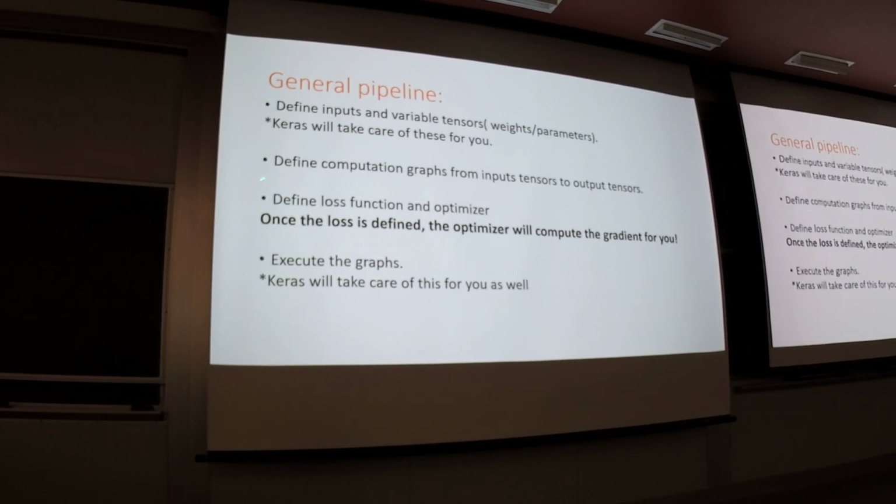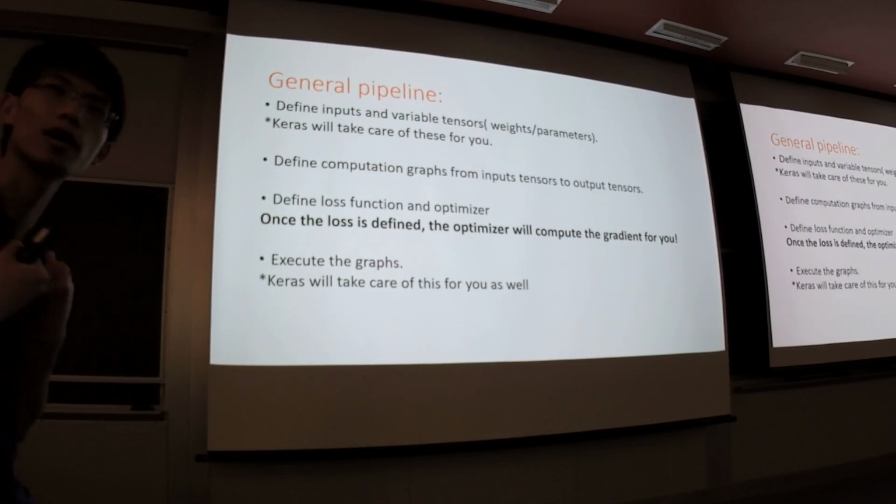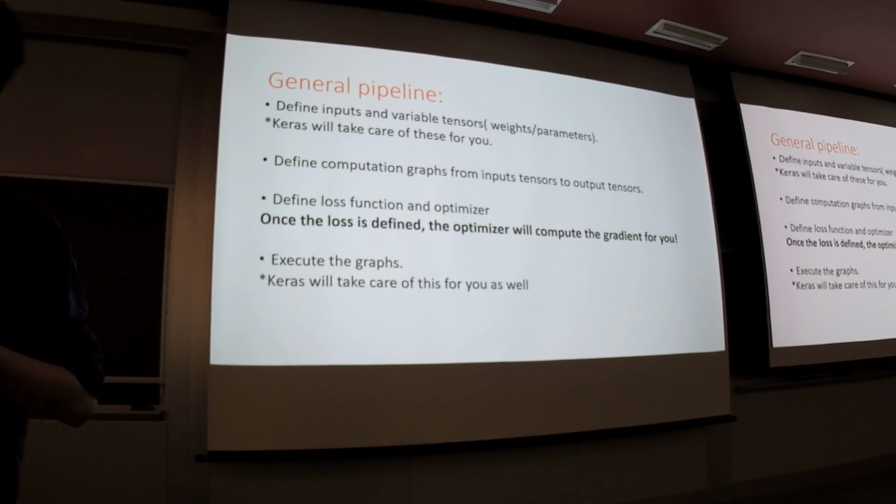Then a very important thing is to choose a loss function. You have your output, and you also have your input label. Then how do you measure your model? And how do you know if this model is good or not? You need to define the loss function.